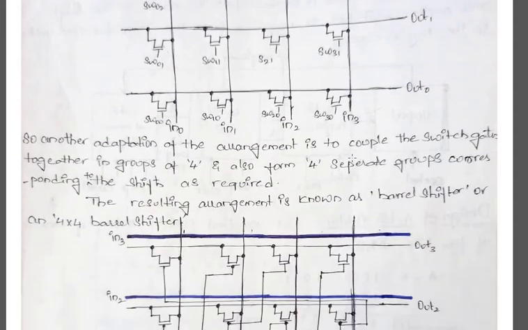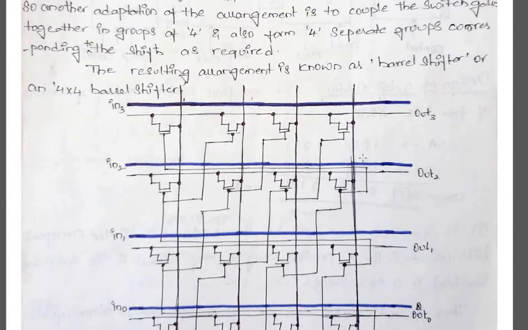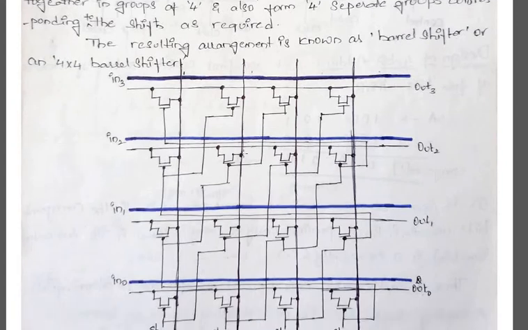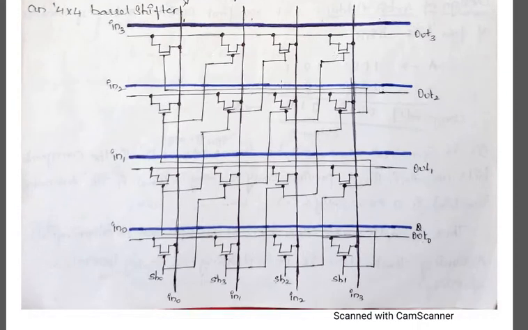What is the main agenda? That we have to shift. So to remove the disadvantages which occurred in the 4x4 crossbar switch, we can use the barrel shifter. So this is called your barrel shifter. You can also add a gate or an inverter over here. Fine.